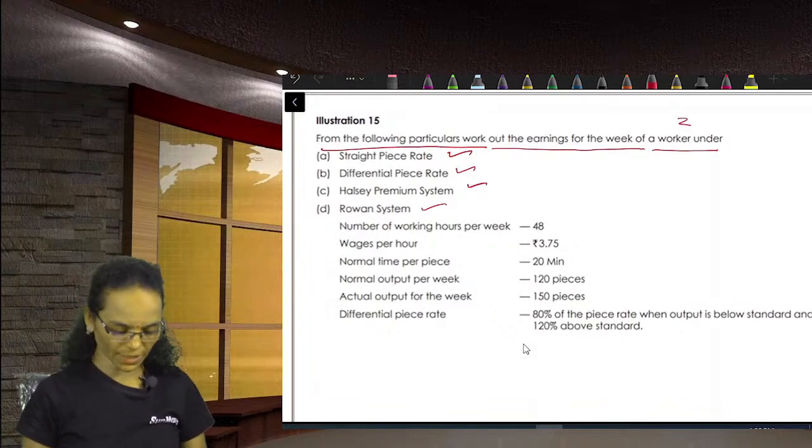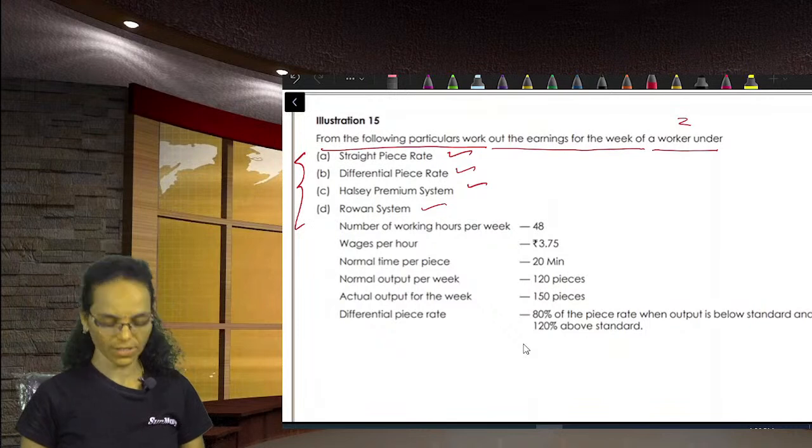See, under 4 methods, we need to calculate the earnings of the worker.